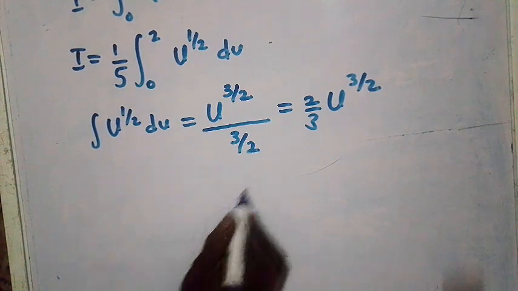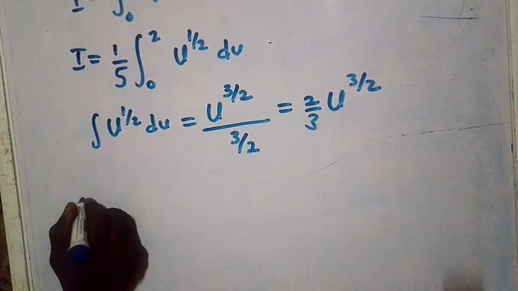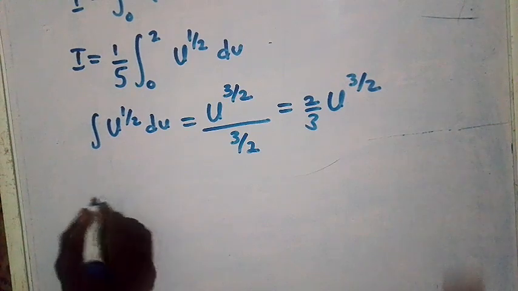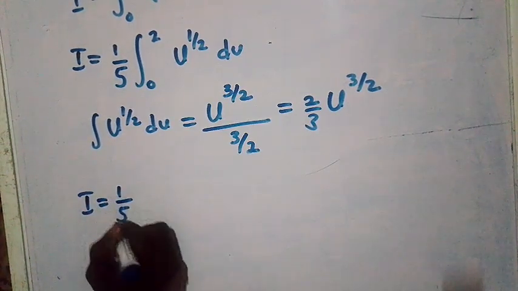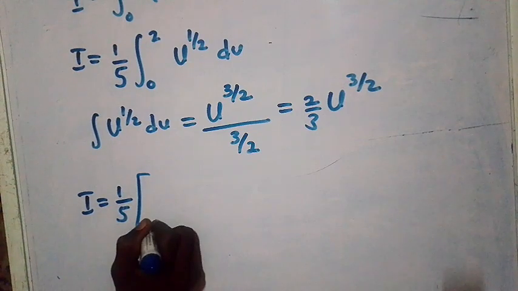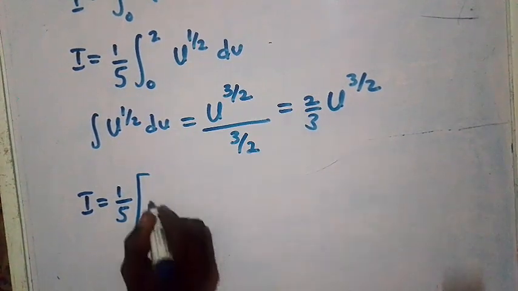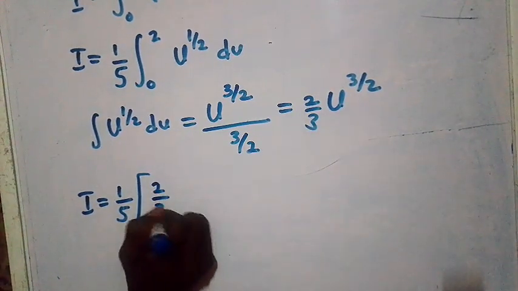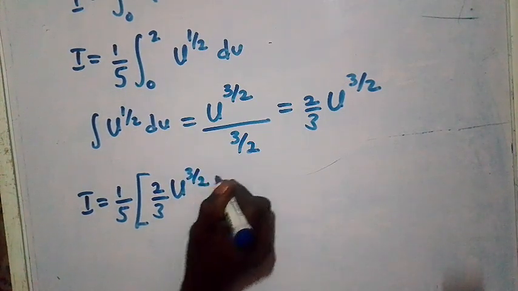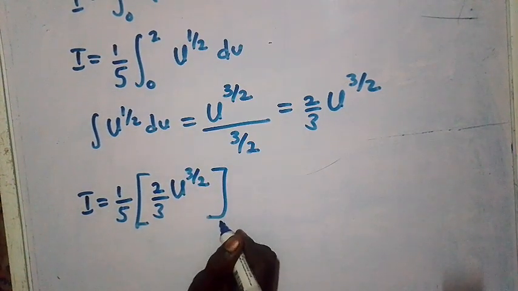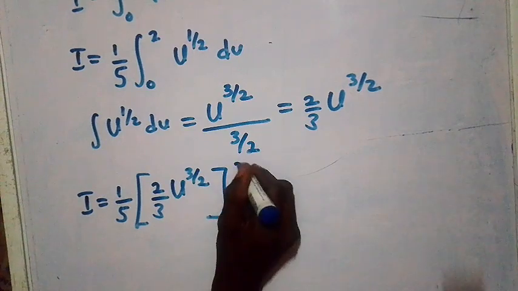Now let's substitute this back to the problem. After integration, then we have I equals 1 over 5, the final answer for this is 2 over 3 u raised to the power 3 over 2. Introducing the limits, 0 to 2.